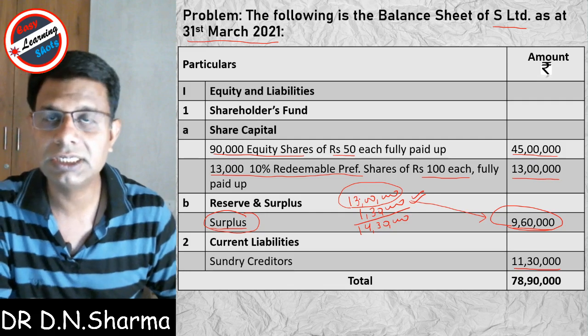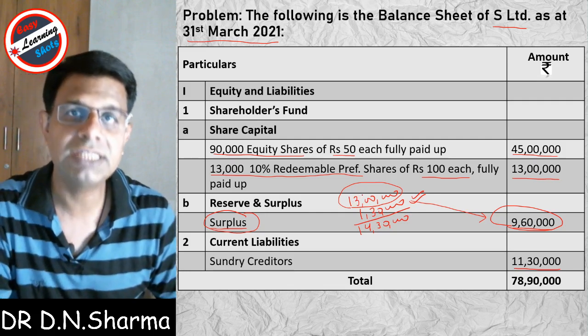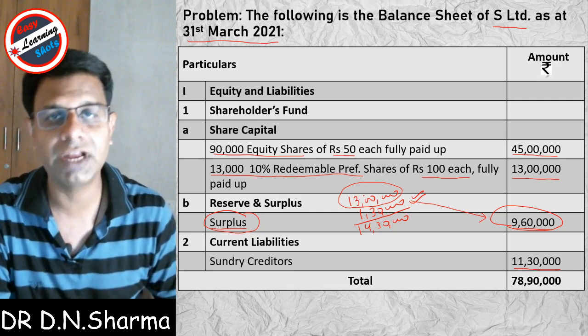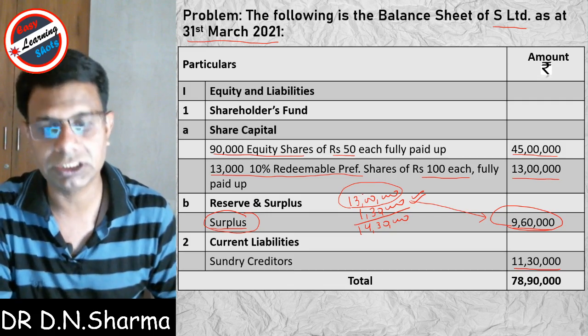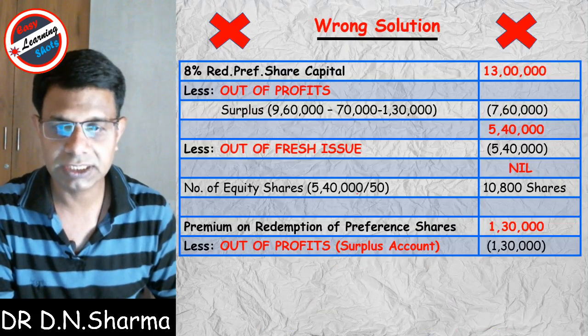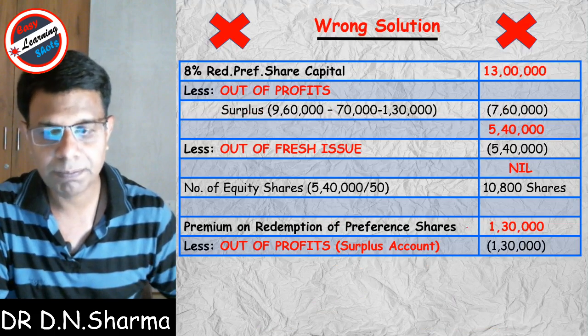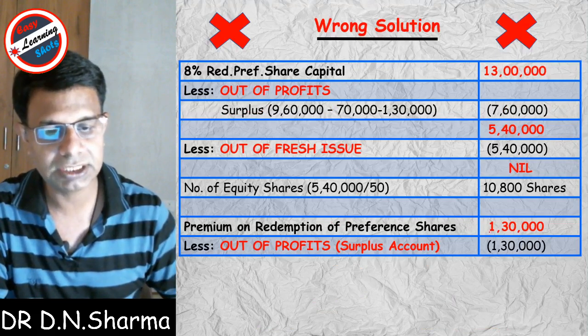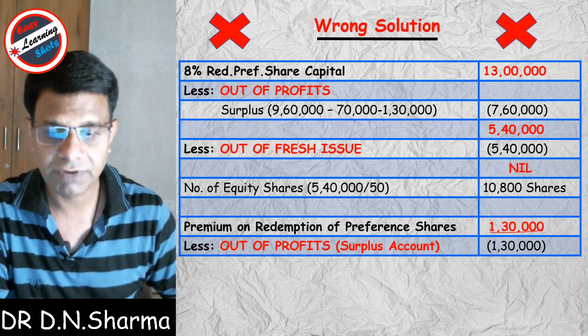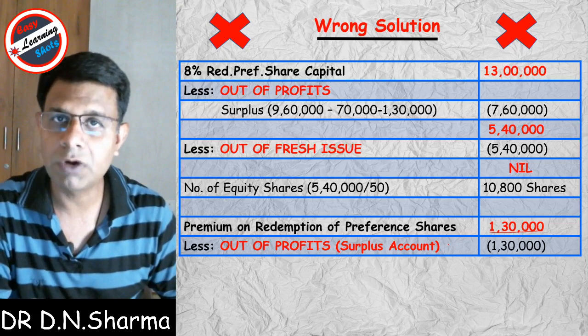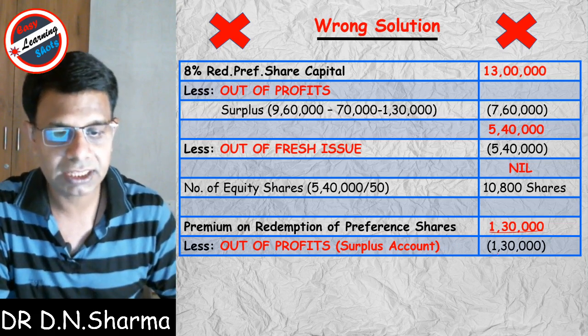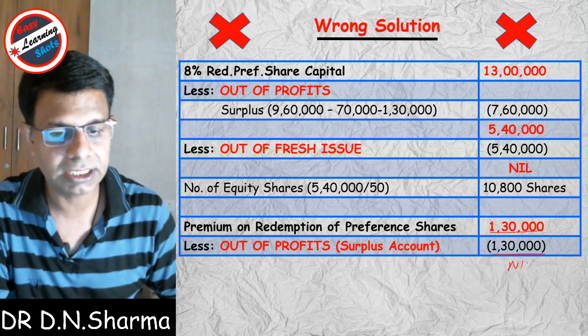First we adjust it out of profits, then the balance amount is adjusted out of fresh issue or by issuing equity shares. Now our adjustment is, first we adjust the premium on redemption of preference shares, that is 1,30,000, which is adjusted through free reserves or out of profits. So we transfer the amount from surplus account 1,30,000.